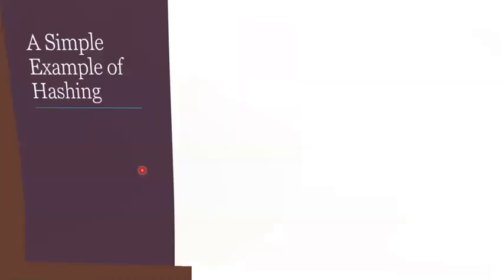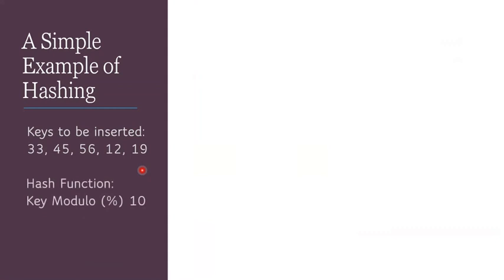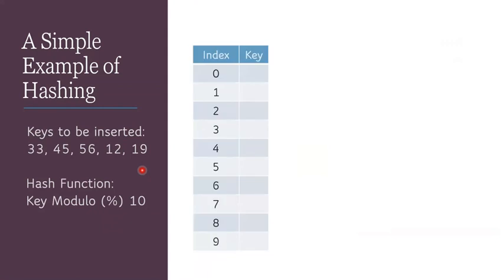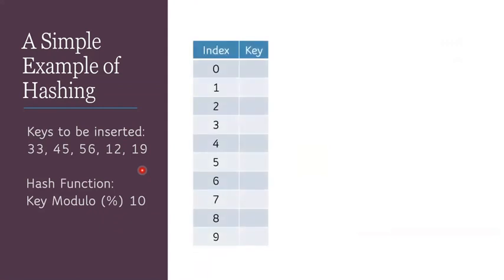Now let's see a simple example of hashing. The keys to be inserted are 33, 45, 56, 12, and 19. And the hash function is key modulo 10. This is the hash table once again. Now we're going to insert these keys one by one.